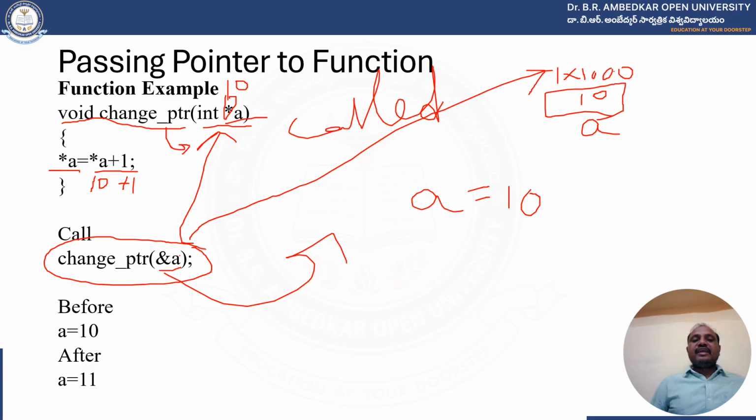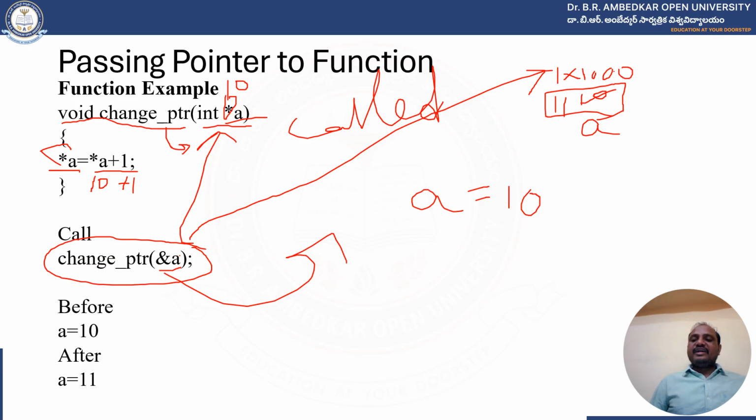That 11 will be updated at the address, I mean the dereferencing of a. That means this is a, and the value will be updated to 11. This is about passing a pointer to a function. Already we have discussed in functions that we can pass arguments by value. But what we are doing here is passing pointers as arguments.